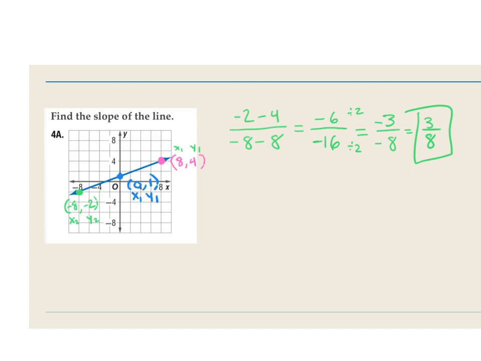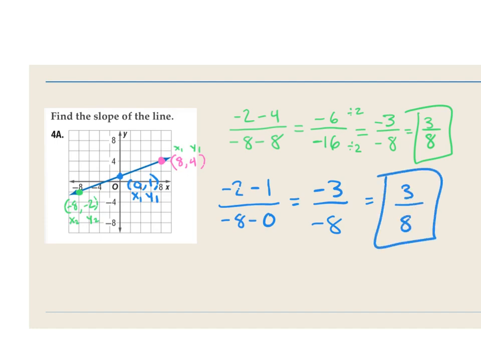So we start with our y2 minus y1 over x2 minus x1. -2 minus 1 is -3. -8 minus 0 is -8. A negative divided by a negative would be a positive, so we have positive 3 over 8. So we would get the same answer no matter what points we picked on our line. We just have to make sure that they are on our line.